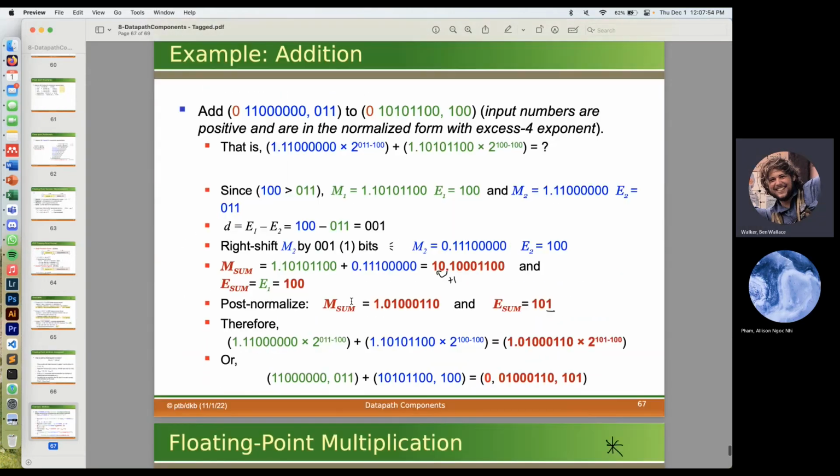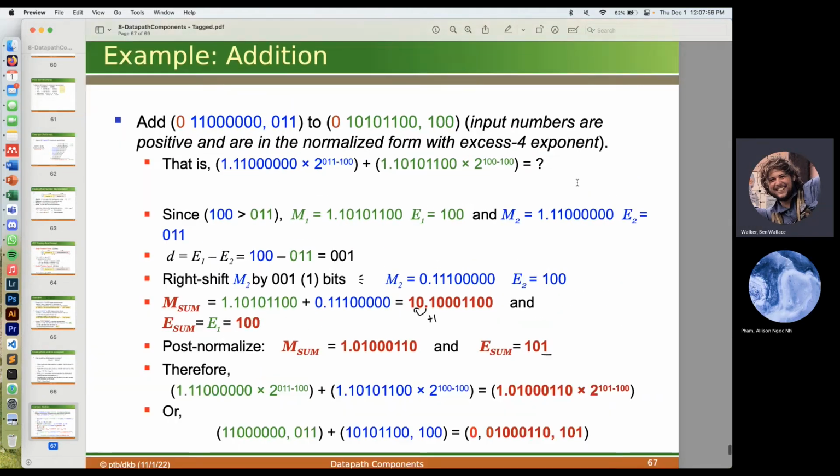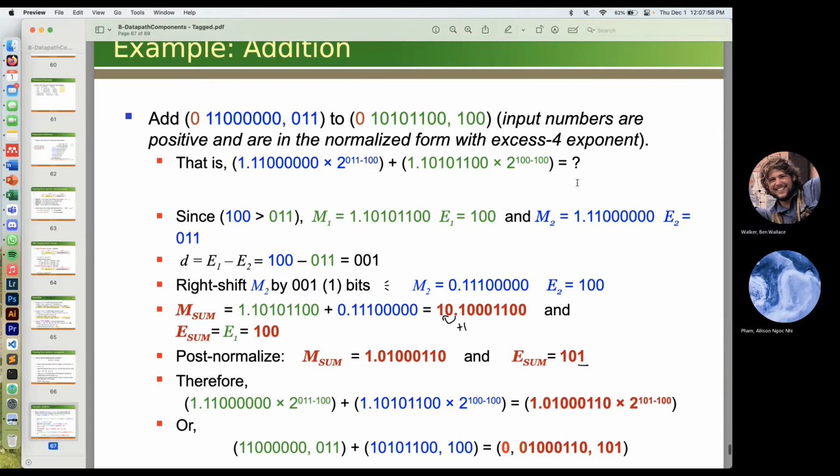So adding these two things together, it's not very easy. First up, you have to line up the decimal points. The best way to line up the decimal points here is to look at the difference between the exponent values. That tells you how you have to move the binary point.